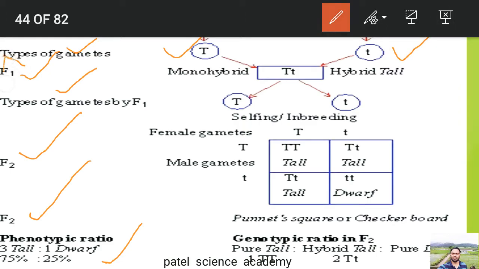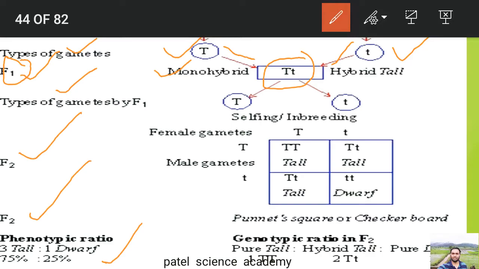Then the F1 generation. This gamete will fuse with this gamete and they will produce capital T small t. As this is a one-character comparison, this cross is called a monohybrid cross. If there is a cross between parents with two contrasting characters, that cross is called dihybrid.